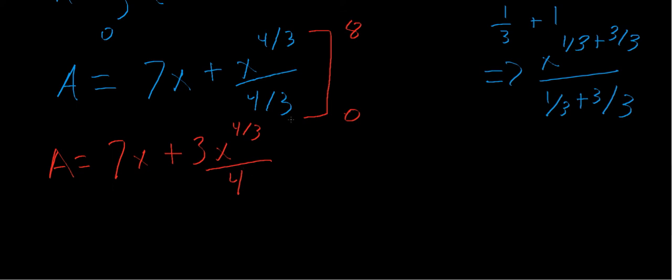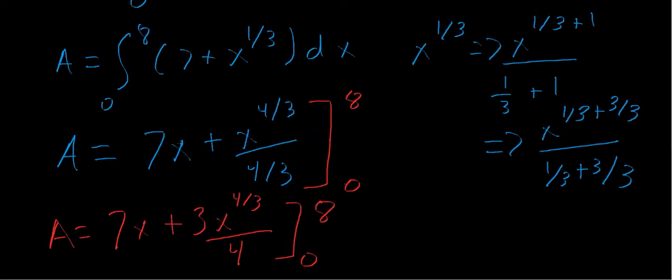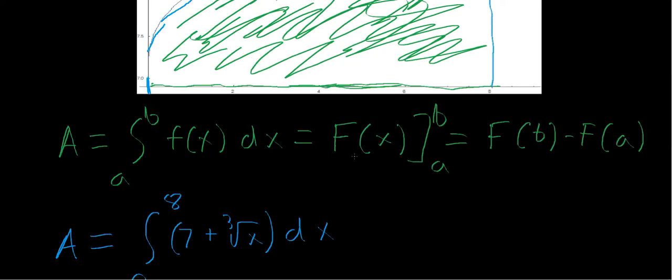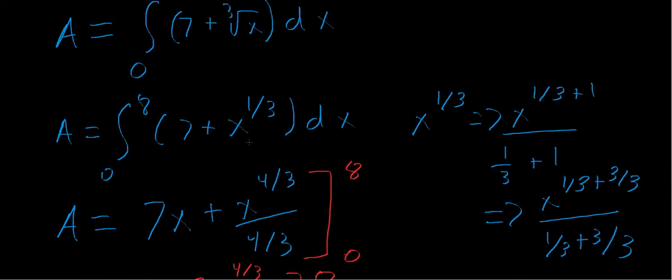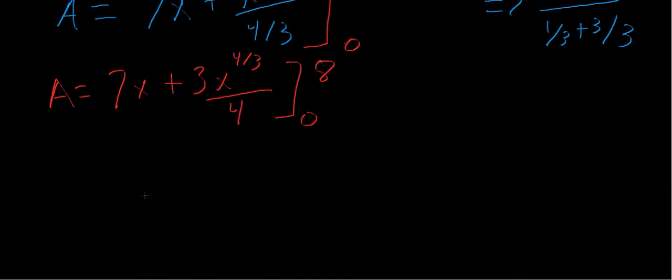And this is evaluated from 0 to 8. Now we just plug in the values, kind of like where we were here at this stage. We evaluated the integral, and now we have to evaluate it as it ran from a to b, which goes F of b minus F of a.